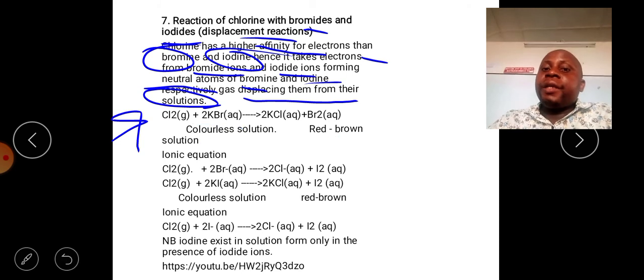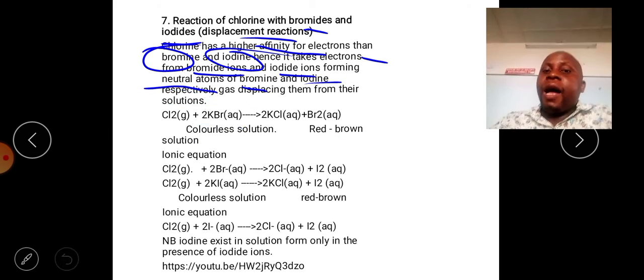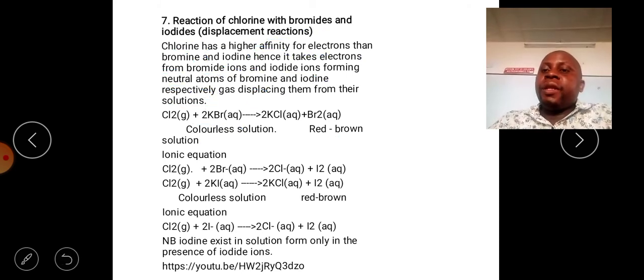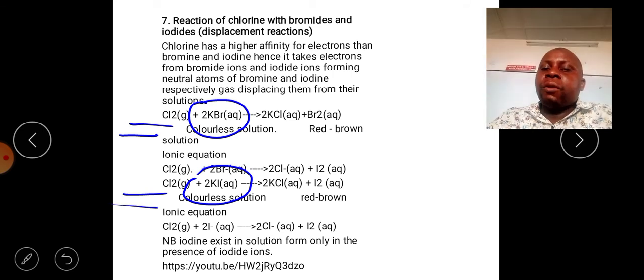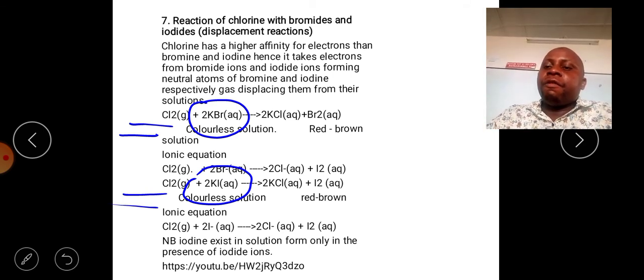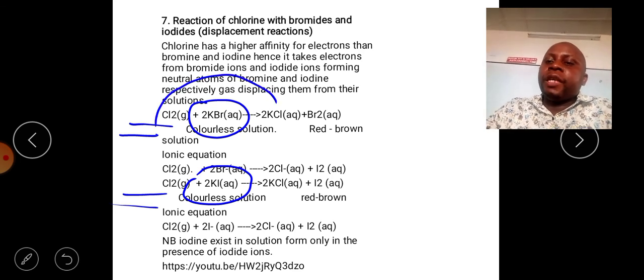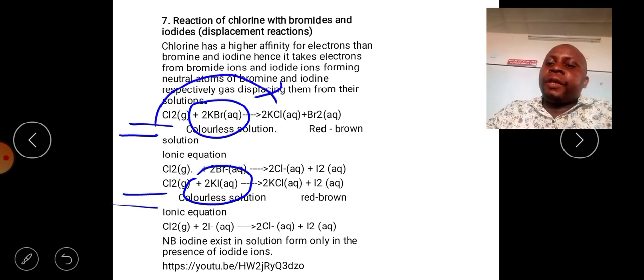So chlorine is more reactive than both iodine and bromine. So when these two halogens are in their solutions, like in potassium iodide and in potassium bromide, chlorine will displace them, because it has got a higher affinity for electrons. Therefore, there will be formation of potassium chloride when you react with potassium bromide, and the bromine is displaced.